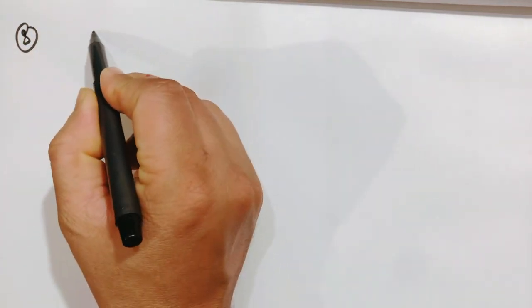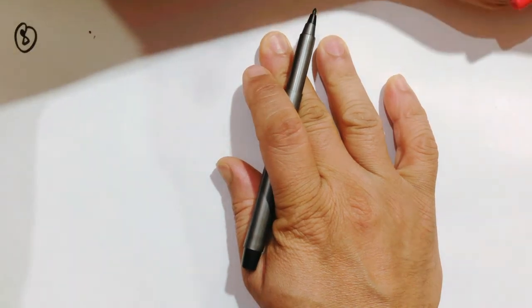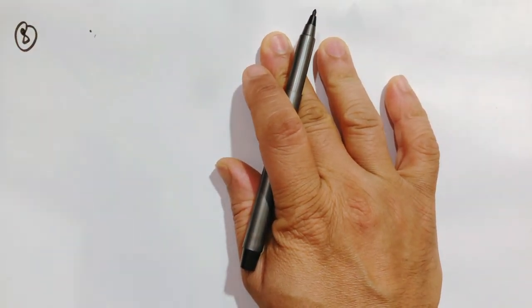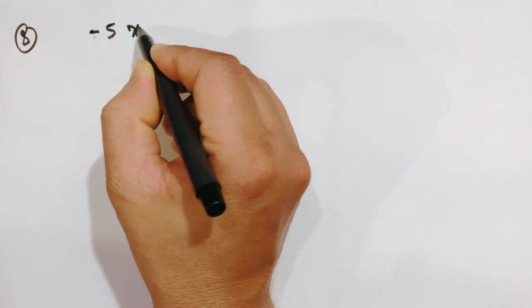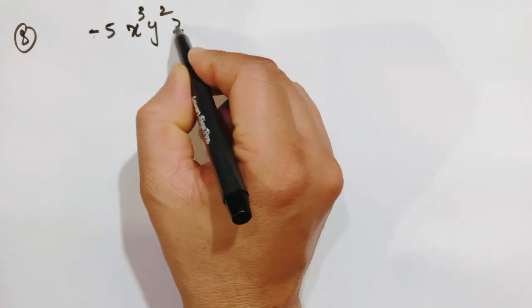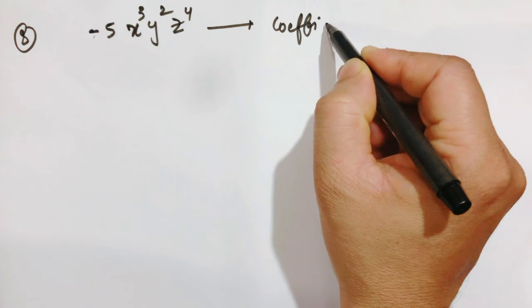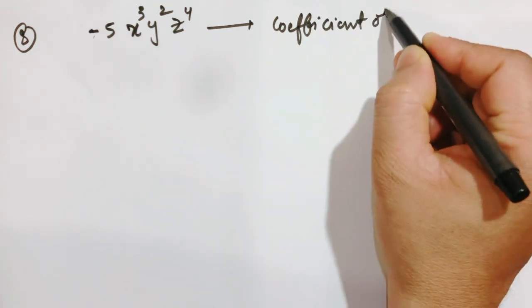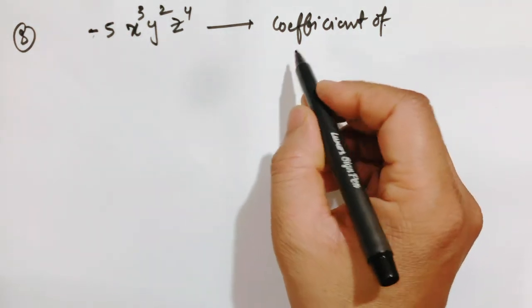In number 8, they have given you quite a big term: minus 5 x to the power 3 y square z to the power 4, and they are asking you to write the coefficient of z square.